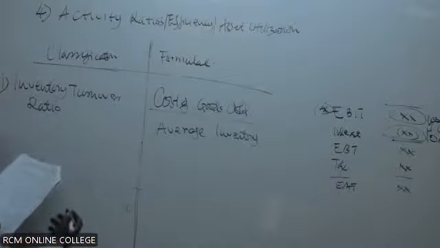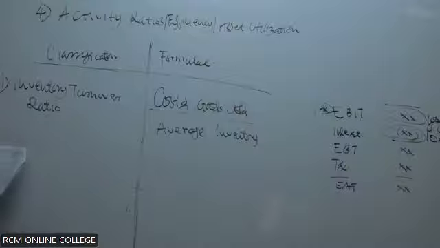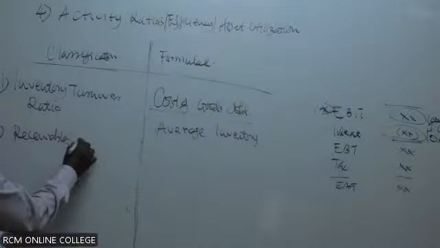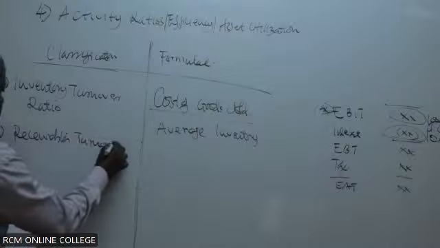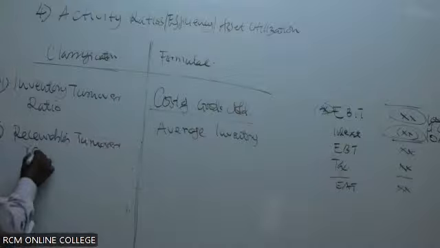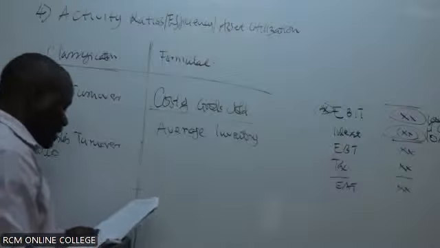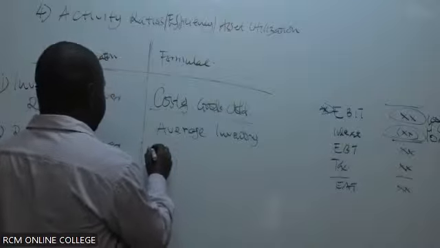Then in this case, we have the receivables turnover ratio or debtors turnover ratio. So this one, you will take the credit sales.